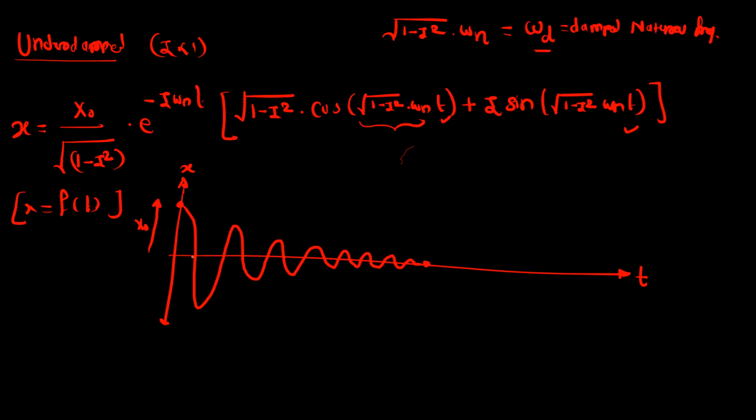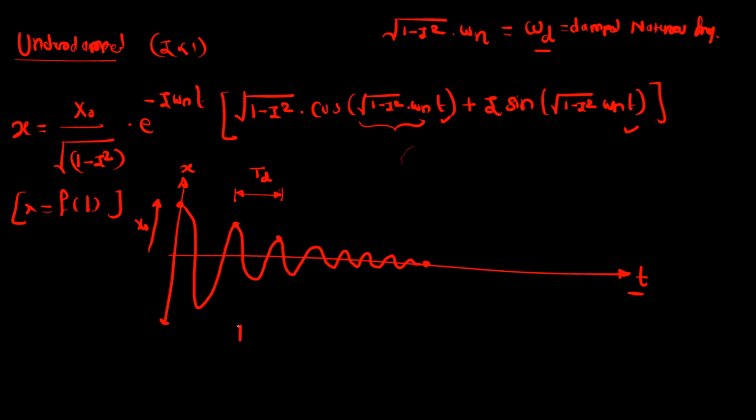For that we have to just measure this distance. You can measure this peak to peak value for the time, to measure this distance on the time axis. So this is the damped time period, this is TD.